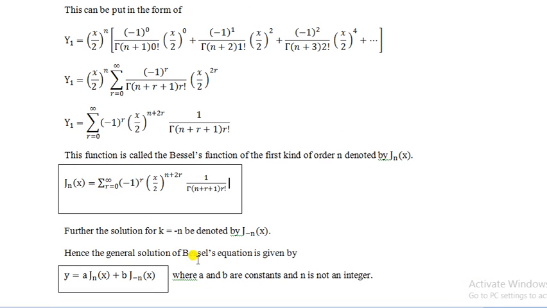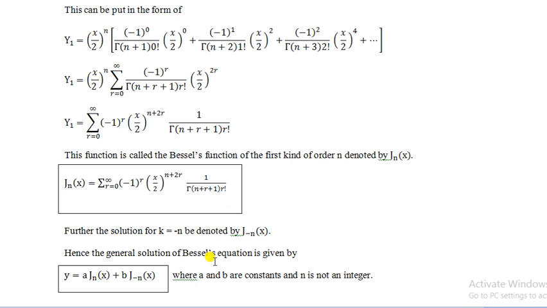And this function is obtained when k is equal to plus n. Suppose k equals minus n, then we will express it as J minus n of x here, and then we will get the k equals minus n formula.